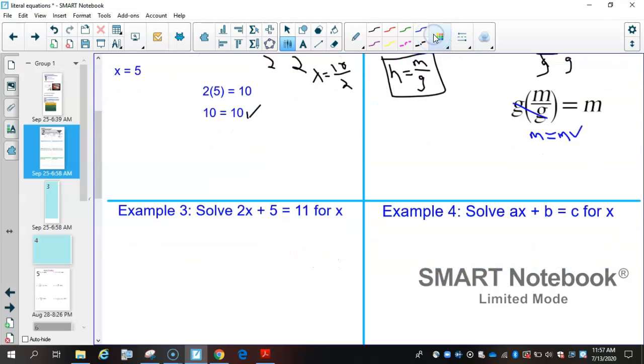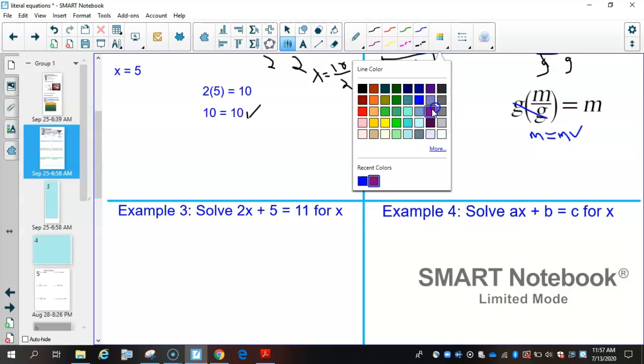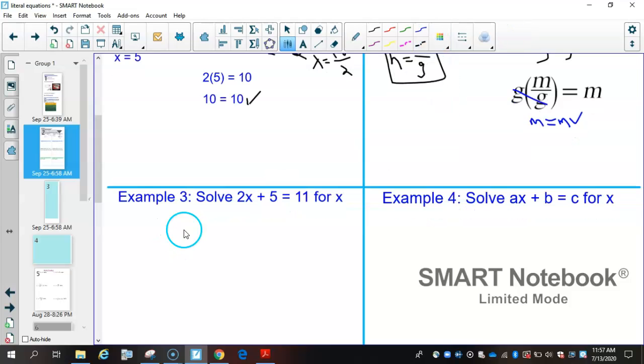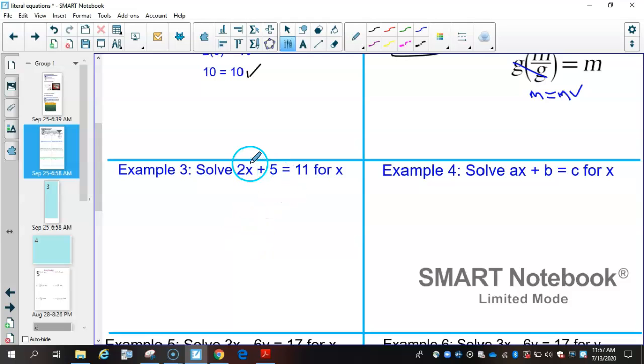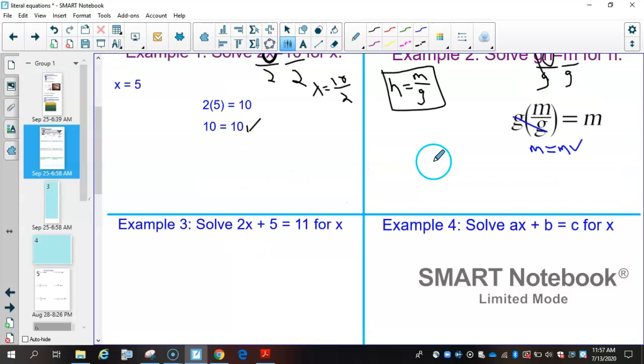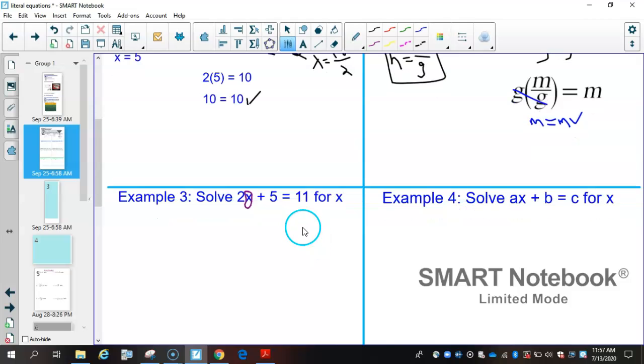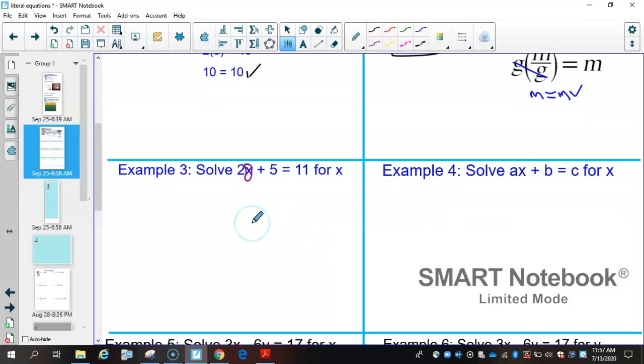Right, now example 3 is back to our numeric. And we need to, again, solve this for x. Now the numeric won't always be solved for x. You could solve for any variable. I just am choosing x right now.